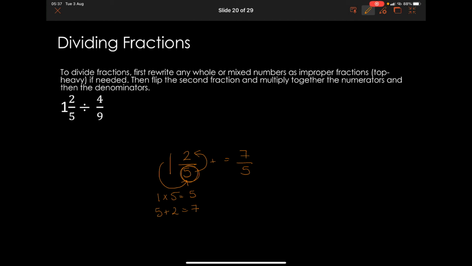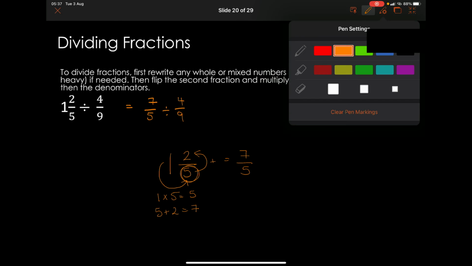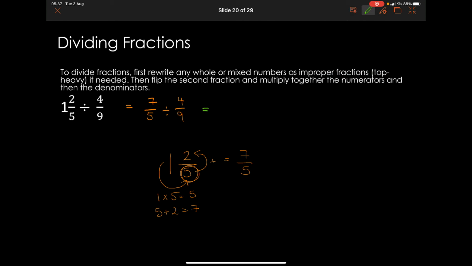So we now have 7 over 5 divided by 4 over 9. So we just do our method for division now. We write out our first fraction, we turn the divide into a times, and we flip our second fraction. 9 over 4 instead.